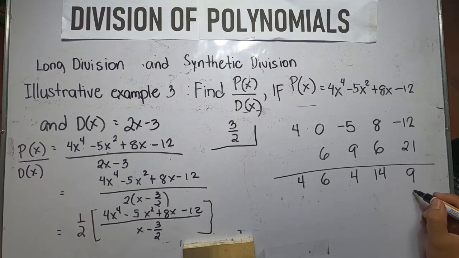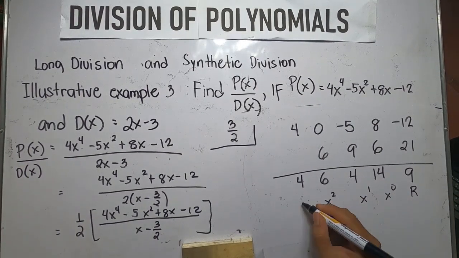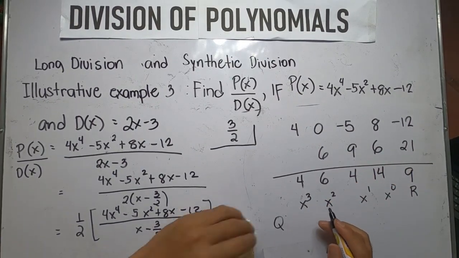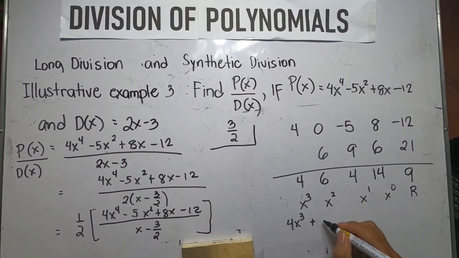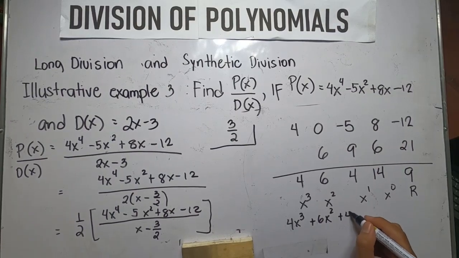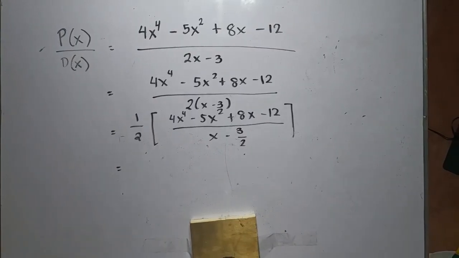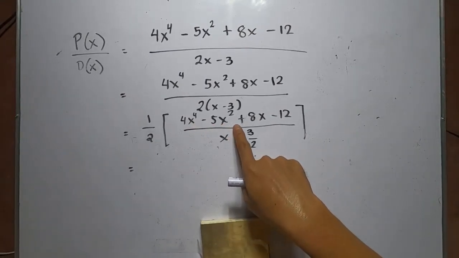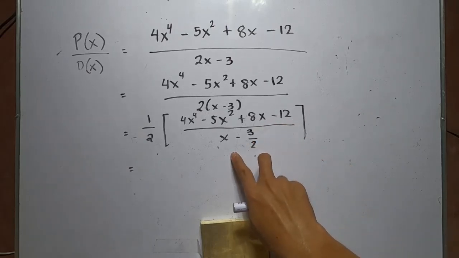And that is 4x cubed plus 6x squared plus 4x plus 14 with a remainder of 9. We have now solved the quotient of 4x raised to 4 minus 5x squared plus 8x minus 12 and x minus 3 halves.